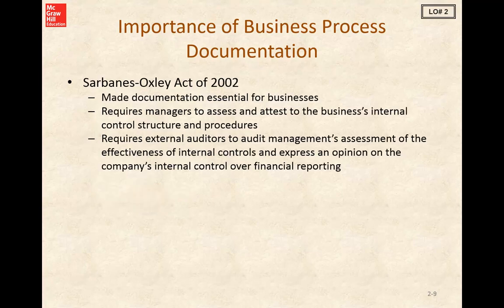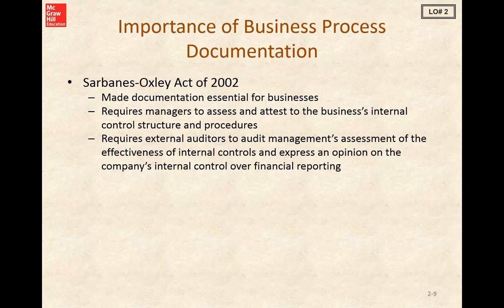When you get out into industry, one thing you're going to hear a lot of is the Sarbanes-Oxley Act of 2002. This is required for publicly traded companies monitored by the SEC, or the Securities and Exchange Commission. This made documentation essential for businesses. That's why I said in the previous slide that this documentation does exist at your organization, especially if you're publicly traded.